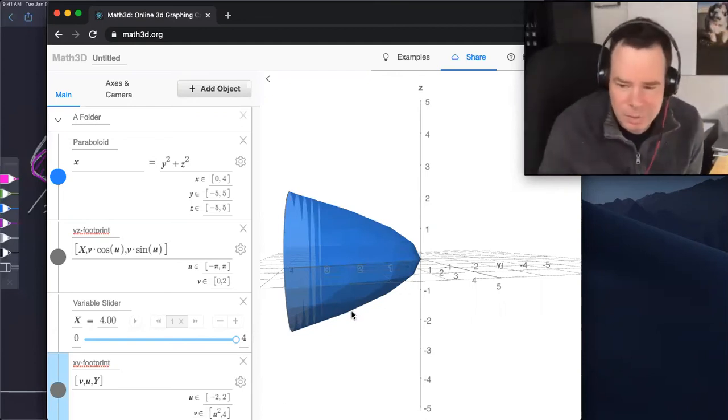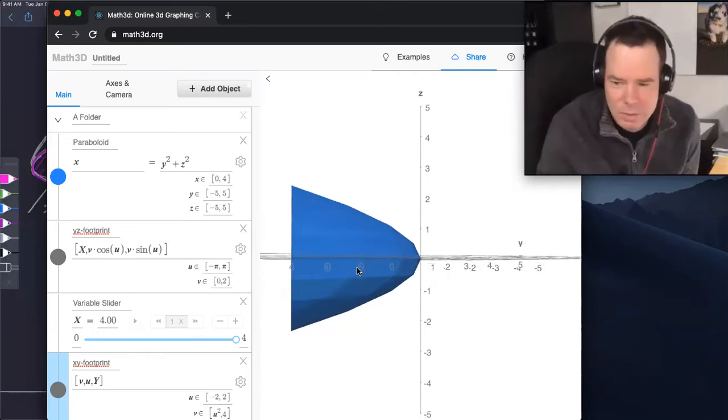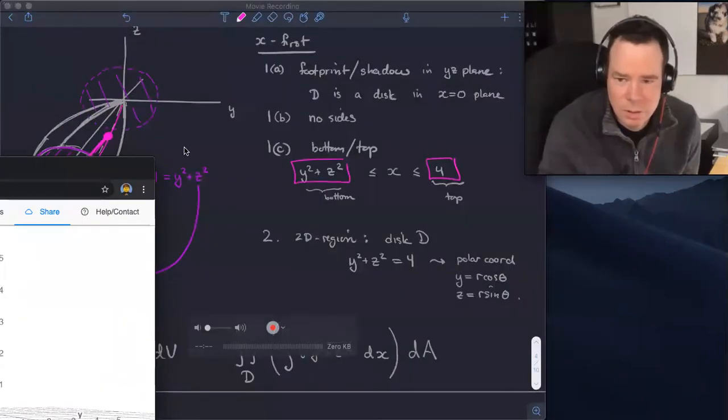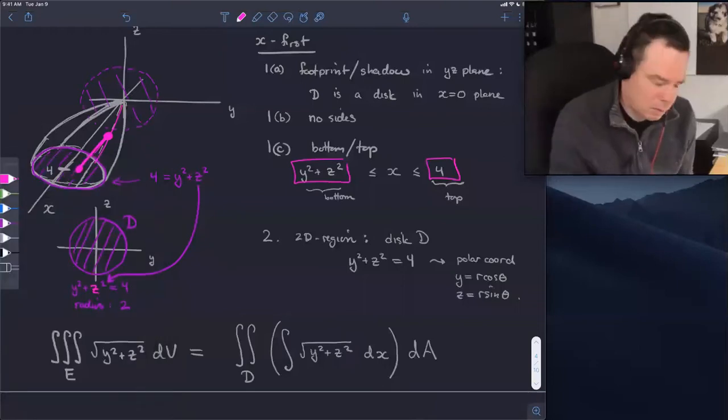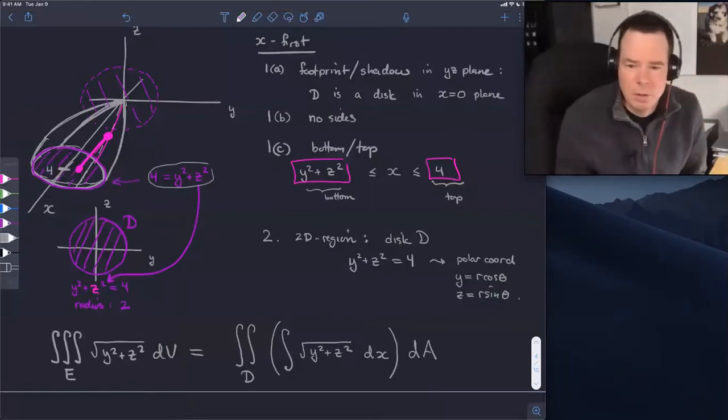This is an equation, X equals Y squared plus Z squared. So I take this equation and ask, what's my smallest Z value? I'd have to solve this. That would be the square root of 4 minus Y squared.